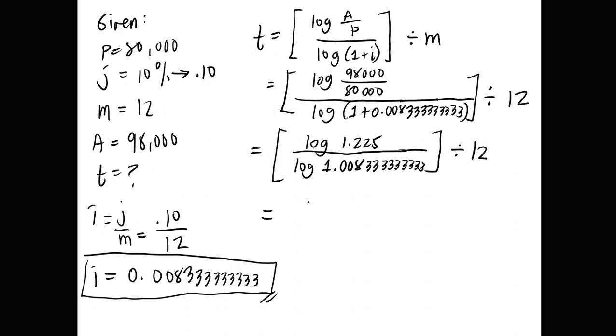So you will get 0.088 divide by, same pa din. Pipindutin po yung log, and then kapag may base po, pakisulat po si 10. Ngayon, kung wala naman, diretso lang po natin silang i-type.